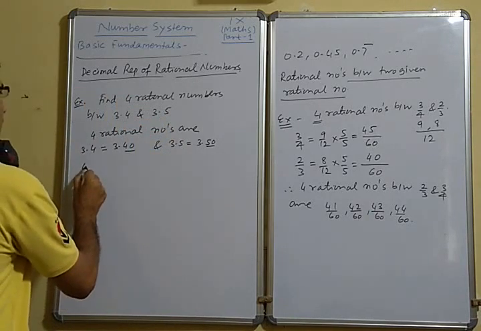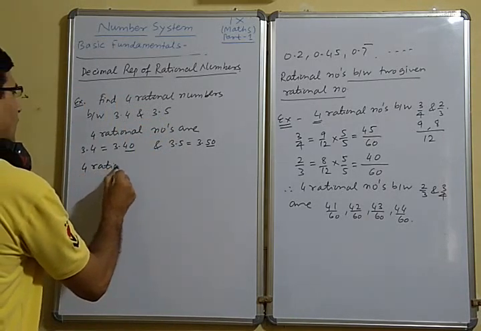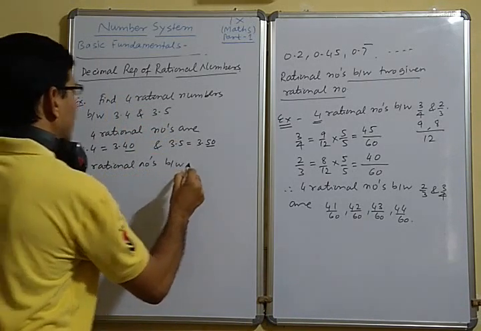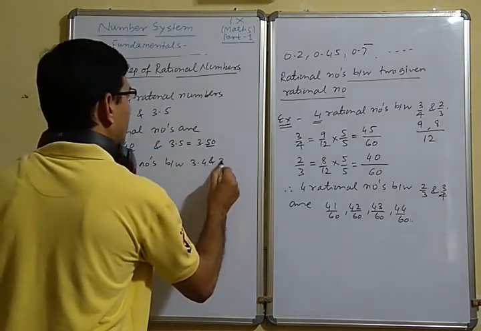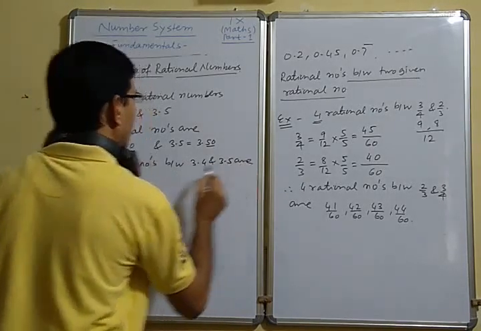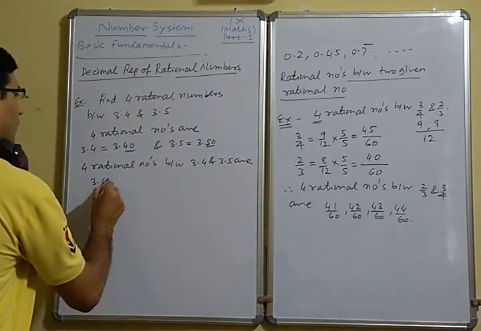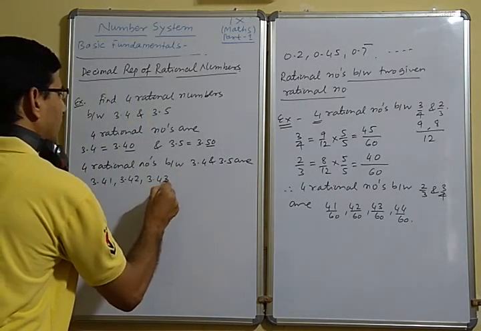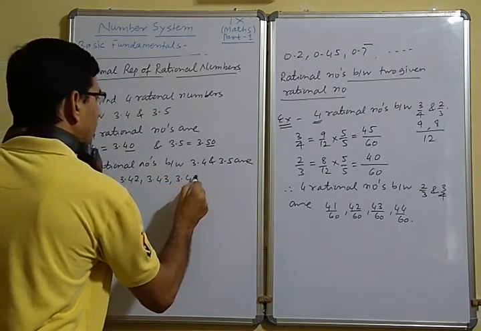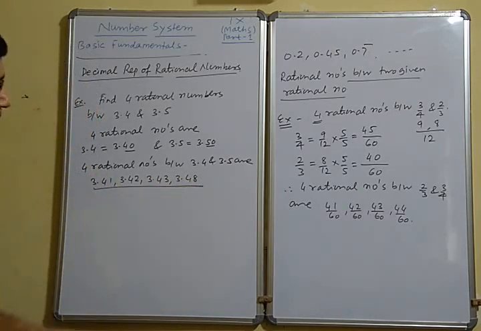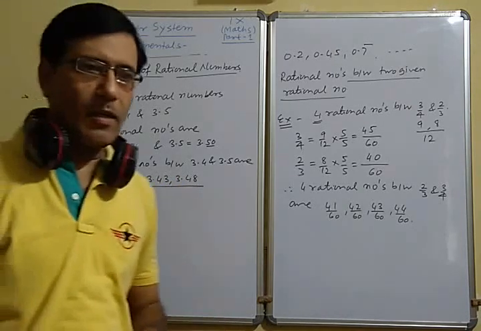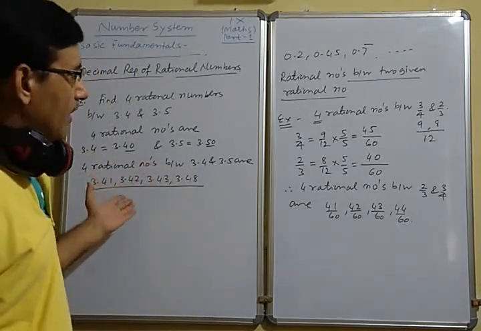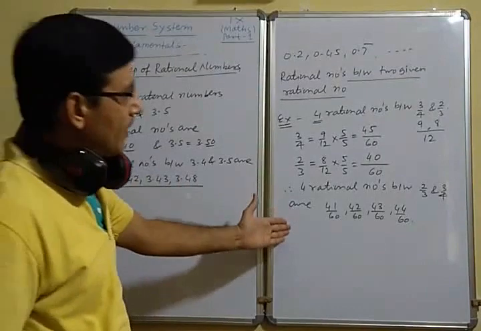So 4 rational numbers between 3.4 and 3.5 are 3.41, 3.42, 3.43, 3.48, etc. So you can find rational numbers between any 2 given rational numbers by using this method also.